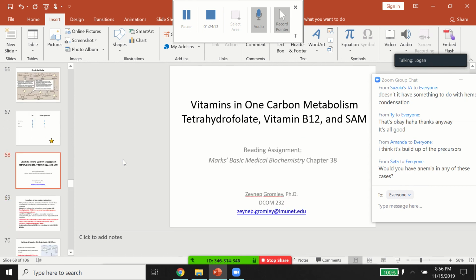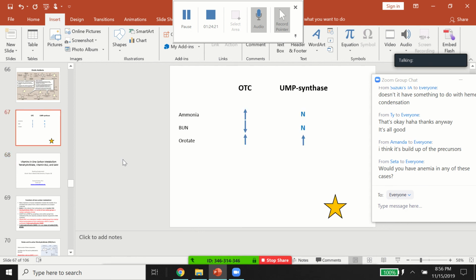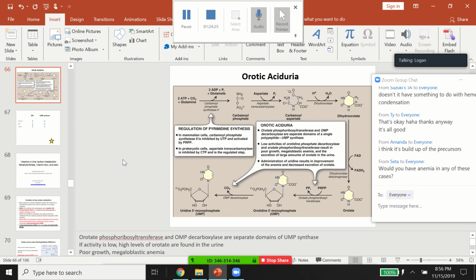All right, now on to vitamins and one-carbon metabolism and all this other jazz. Would you have anemia in any of these cases? When we talk about anemia, at least in this exam, you're talking more about a deficiency in either iron or a vitamin deficiency.